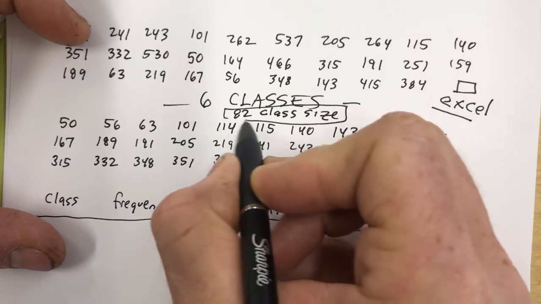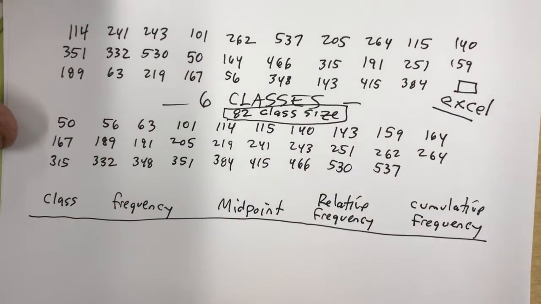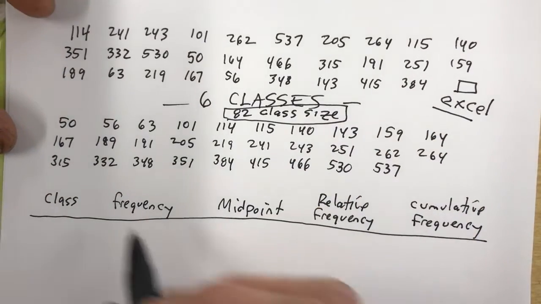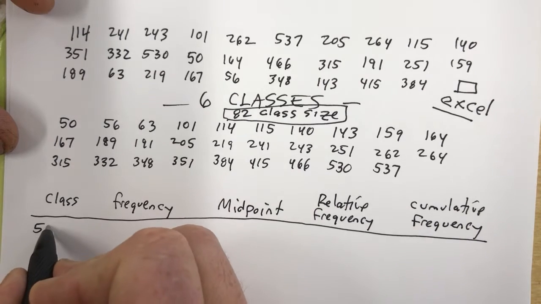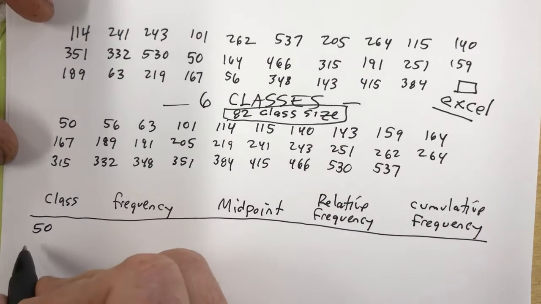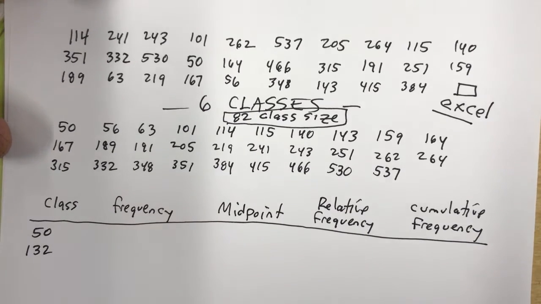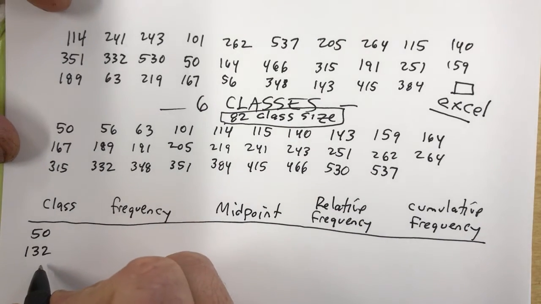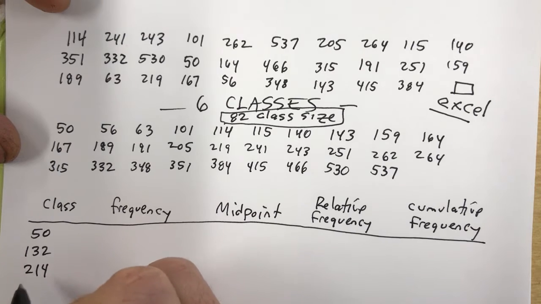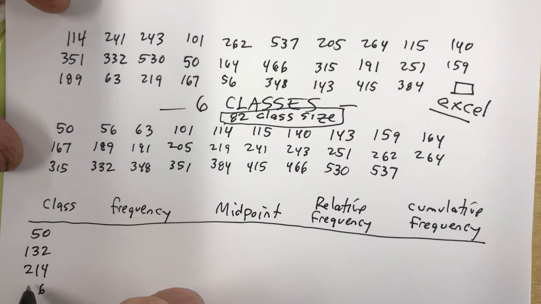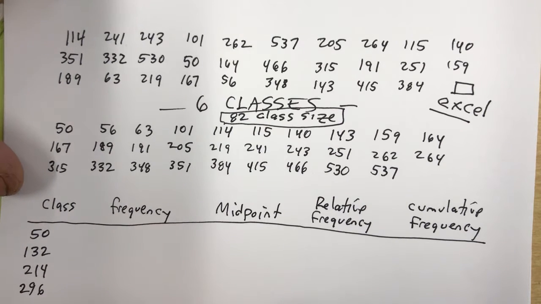Okay. All right, so my first class is going to start at 50, and if I add 82 to that, I get 132. That's where my next class would start. If I add 82 to that, I'm going to get 214. If I add 82 to that, 296.